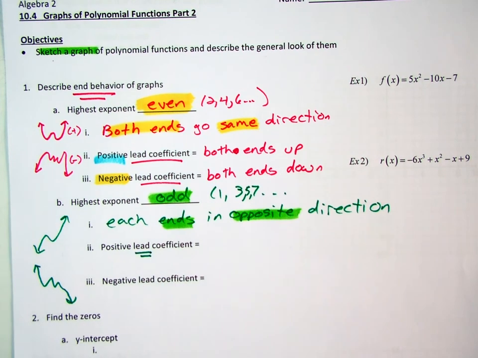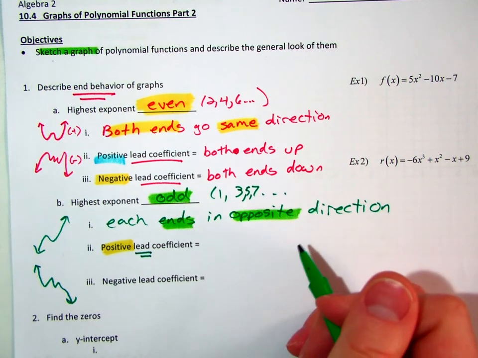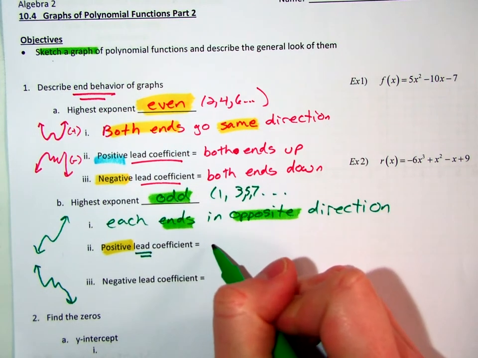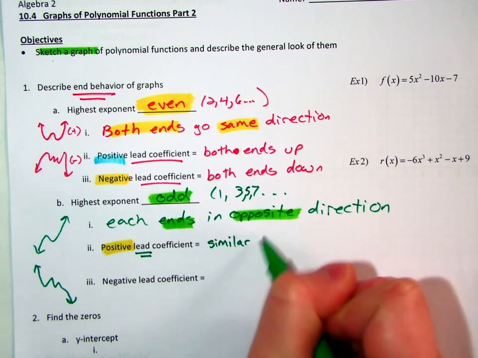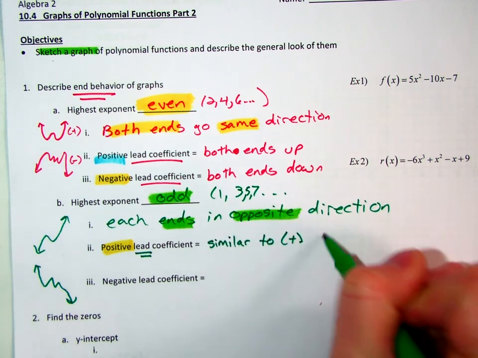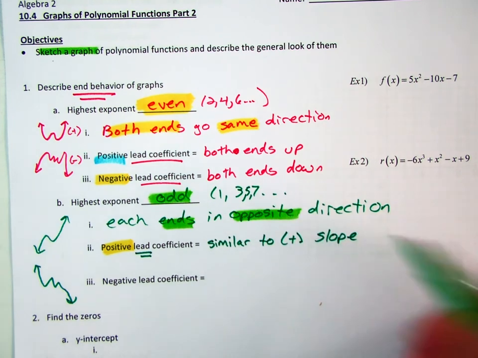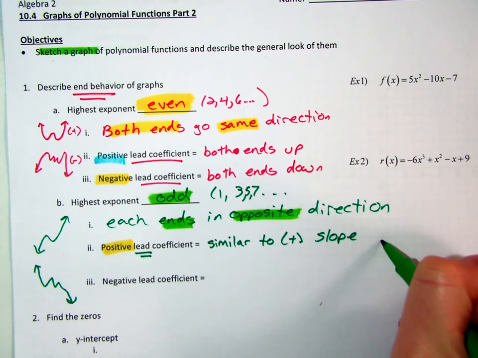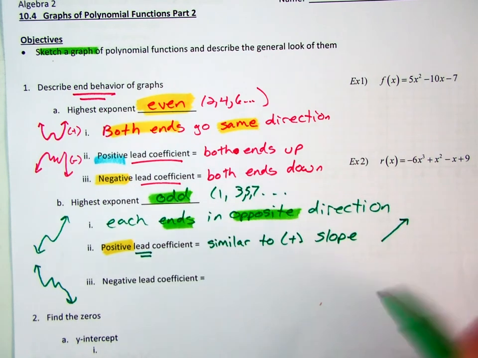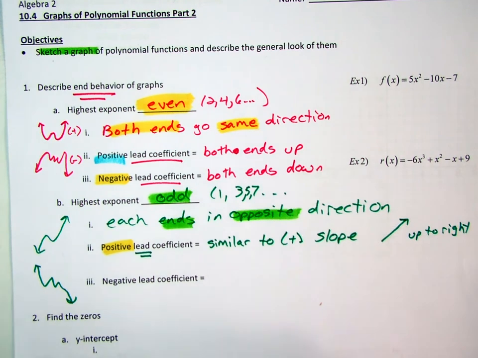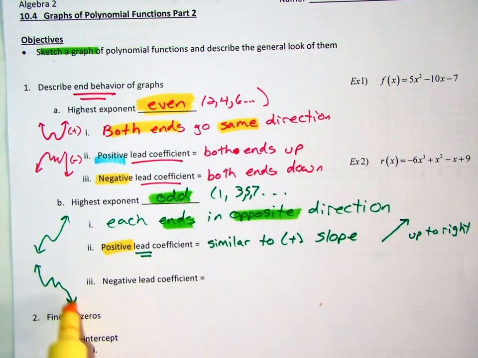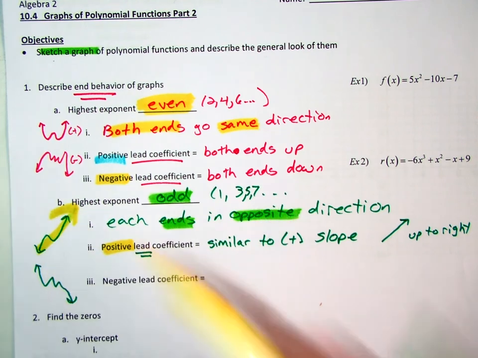Okay, so when we're talking about these, if it's a positive lead coefficient, then what I really think about it as is similar to a positive slope. When we think about a positive slope, it goes up as you go to the right. So when I look at these, as I move to the right, this one in general is going down, but this one is going up as I go to the right.